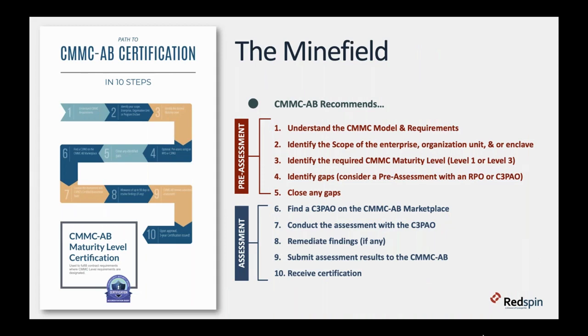Next, we're going to talk about the targeted level of maturity. As of right now, there are only 2 certifications, level 1 and level 3, that we're potentially seeing in contract language. However, the DoD is hard at work getting the level 5 certification process ready.